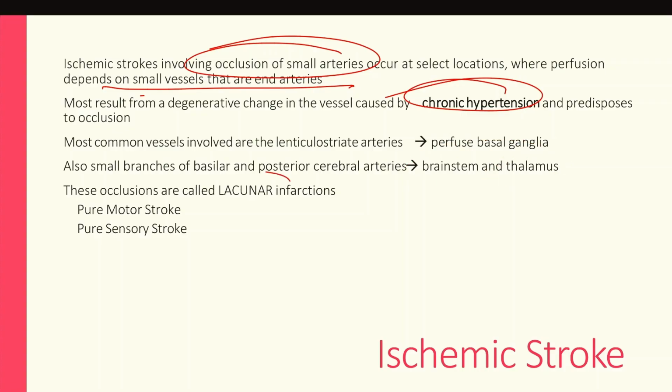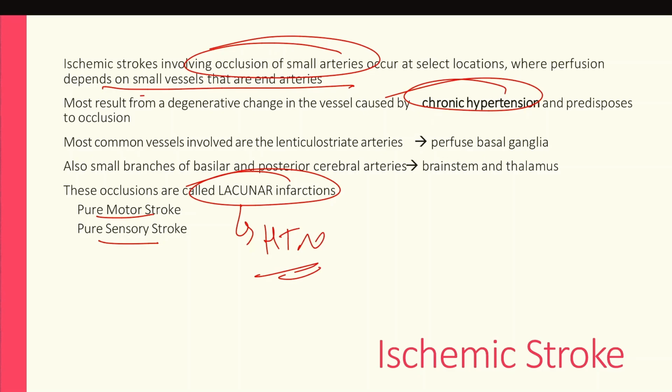These occlusions are called lacunar infarcts. They can be pure motor or pure sensory, depending on where they occur. So lacunar infarcts are due to high blood pressure. What happens is these little tiny vessels hemorrhage and pop.